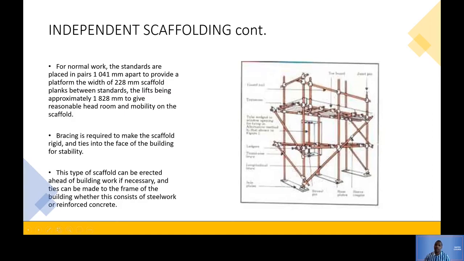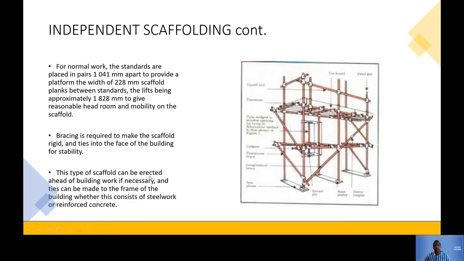And also some of the members of a scaffold come in standard sizes. So these numbers are just speaking to the standardization of scaffolding, not necessarily what should be there all the time on site. Okay, so bracing is required to make the scaffold rigid. Like I said, bracing is just to make the main members more rigid, but not necessarily to carry the weight of the loads that will be imposed on the scaffold.